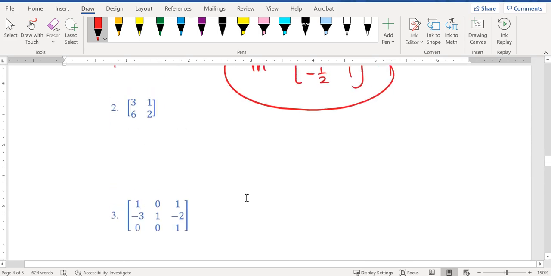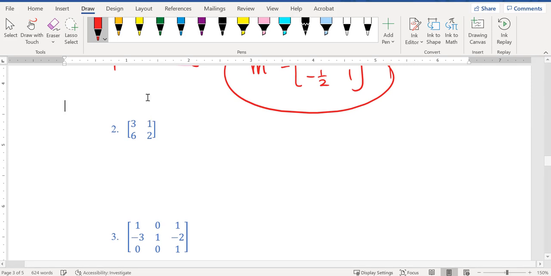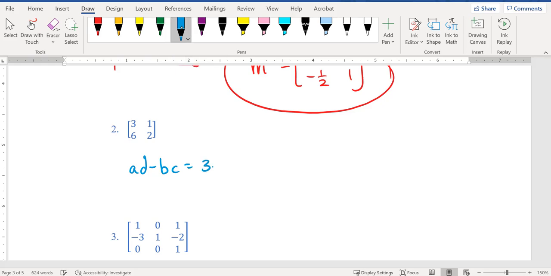So let's do the shortcut to find the inverse of this one. Oh, wait a minute, we can't. What is AD minus BC? That would be 3 times 2 minus 6 times 1, which is 0. So when we try to do the shortcut to find the inverse of matrix 2, we can't.